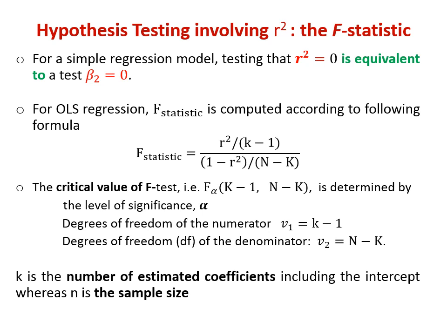For an OLS regression, if the F statistic is computed as shown below, under the null hypothesis with normally distributed errors, the F statistic follows an F distribution with k minus 1 degrees of freedom for the numerator and n minus k degrees of freedom for the denominator. K is the number of the estimated coefficients including the intercept, whereas n is the sample size.